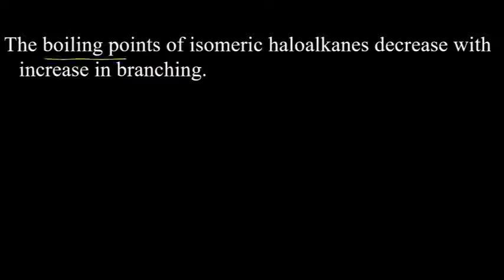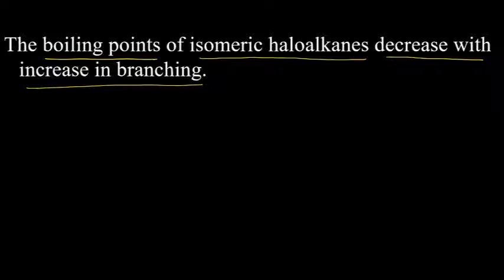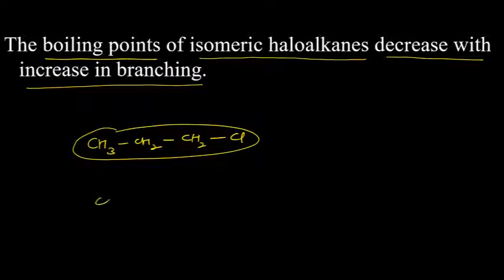The boiling point of isomeric haloalkanes decreases with increase in branching. If branching is more, the boiling point will decrease because there will be less contact surface area. If you remember from 11th, if it is CH3CH2CH2Cl, the molecule will be flat.